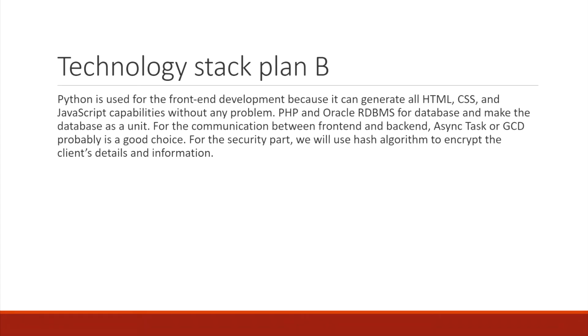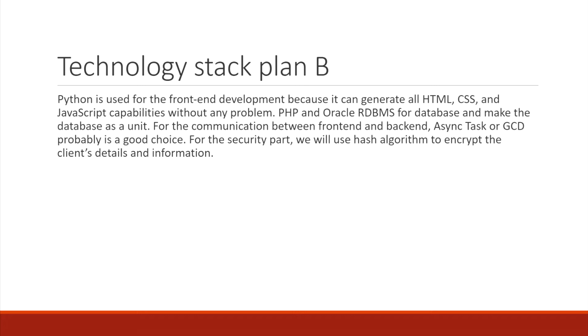Plan B consists of Python as the front-end development, because it can generate all the functionality of HTML, CSS, and JavaScript without any problems. Then in the back-end, we use PHP and Oracle databases.